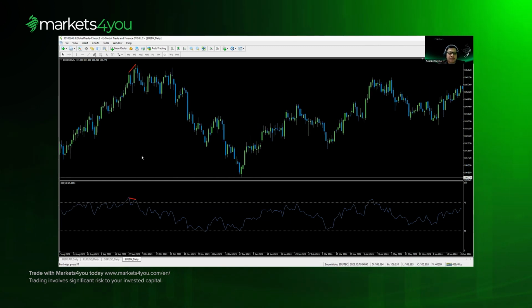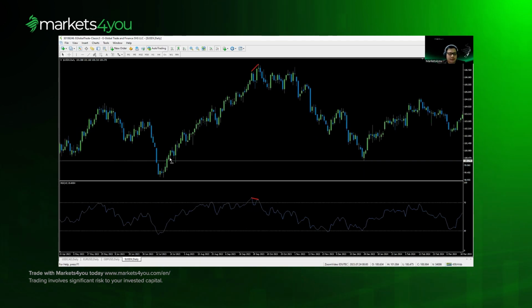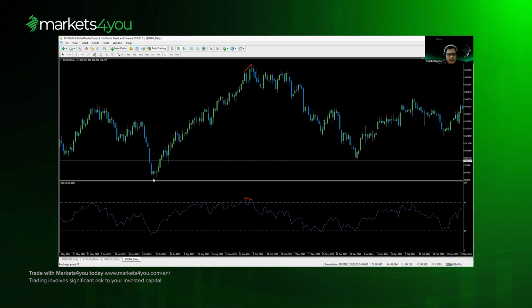Now let's find the bullish reversal. Actually, we have a little bit of a bullish reversal, but you have to be very precise looking at this. You can see here that it's showing a little bit lower lows. The trend line is lower, meanwhile the RSI is moving higher.